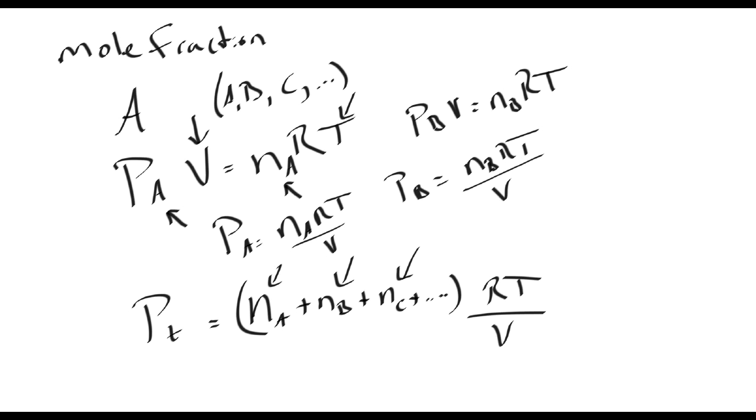So this is another way of writing out the law of partial pressures, just FYI. You don't have to calculate each individual pressure. You can just get the moles of each and then calculate the total pressure from the total number of moles. But there's more.